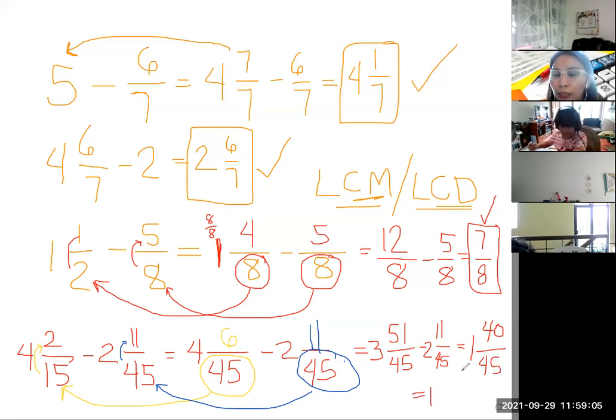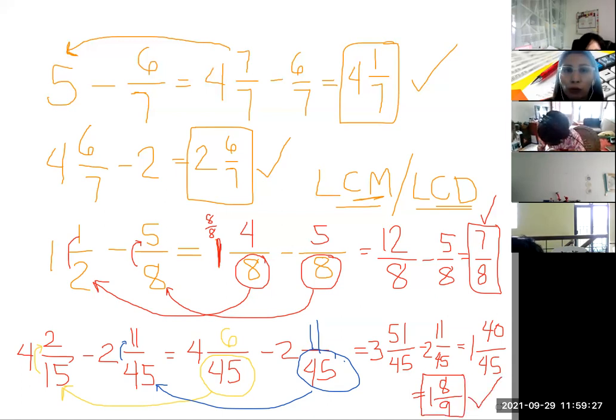Let's simplify, kasi we can simplify 40 and 45 by dividing both by 5. 40 divided by 5, we have 8, and 45 divided by 5, it's 9. Therefore, 1 and 8/9 is the correct answer for this one.